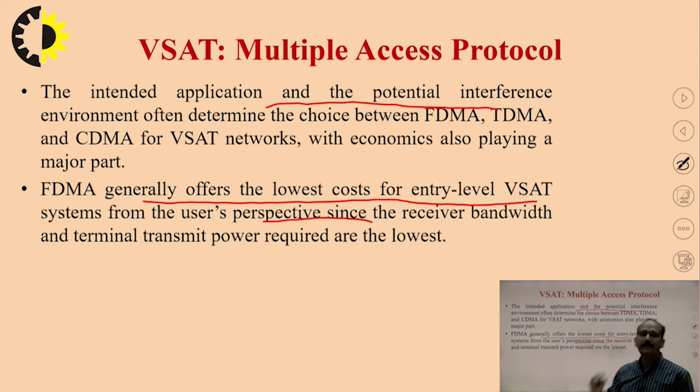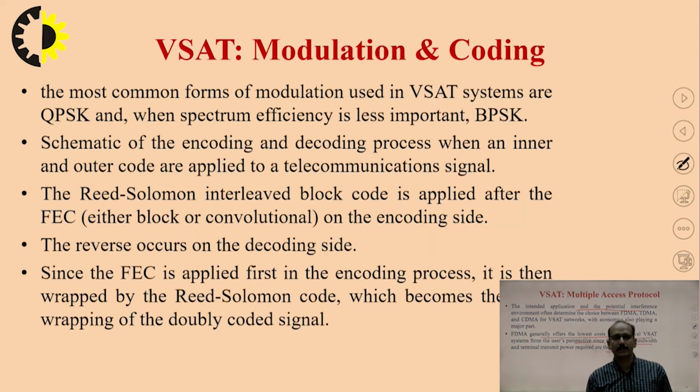That's why FDMA is used for the major operations, because the receiver bandwidth and terminal transmitter power required are the lowest in FDMA. That's why it is widely used in small applications or micro stations.